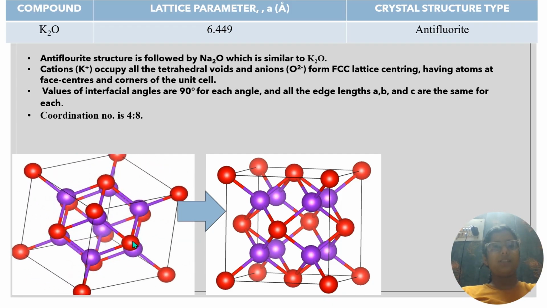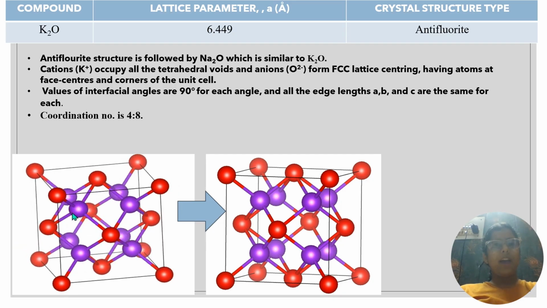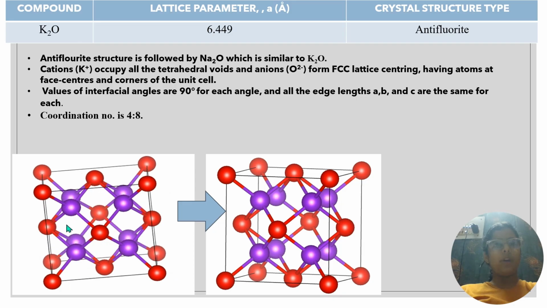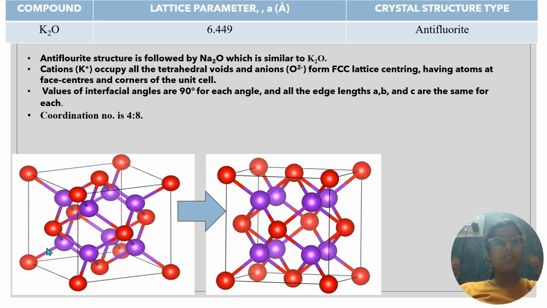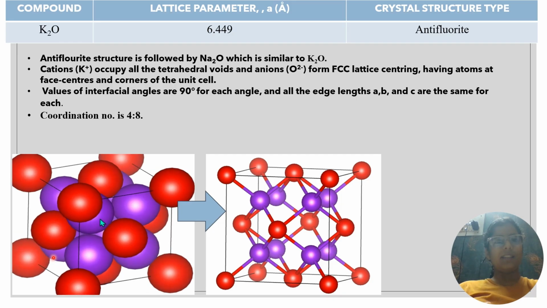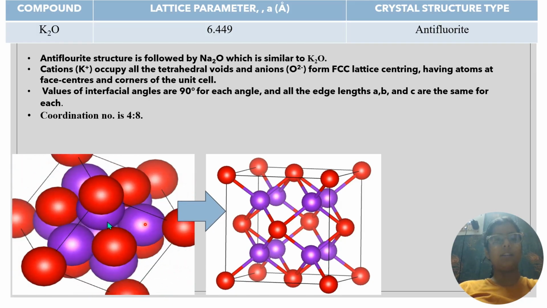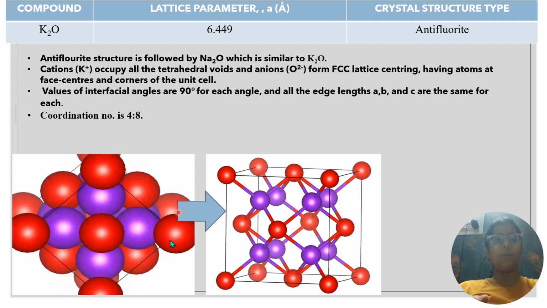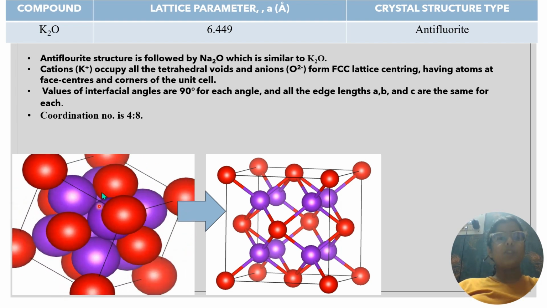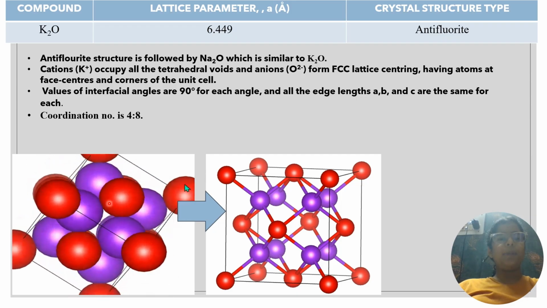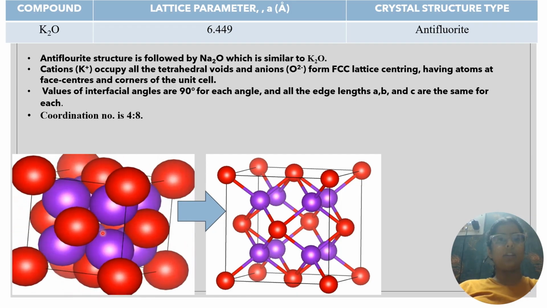In this crystal structure, if we consider these red atoms, the three red atoms like this, and one at the corner and three at the face center forming a triangle, the tetrahedral void is occupied by this purple ion, and it occupies all the possible tetrahedral voids present in the crystal, that is the 8 tetrahedral voids present in the crystal.